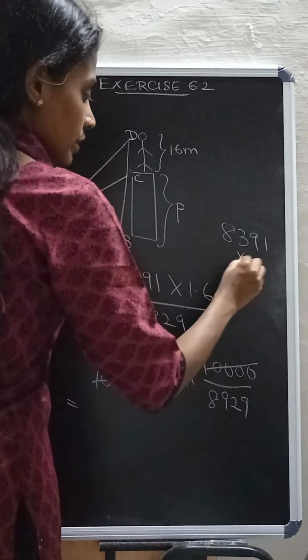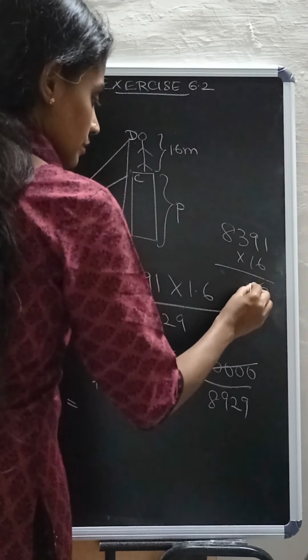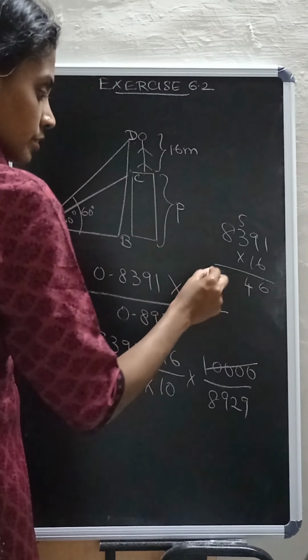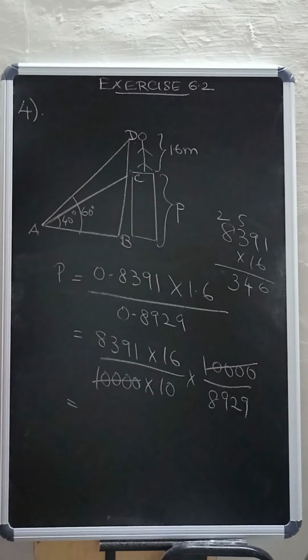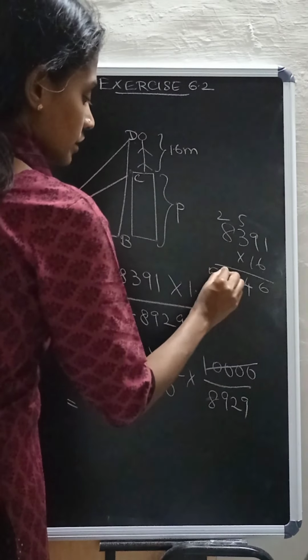Eight three nine one into 16. 6 ones are 6, 6 nines are 54, 6 threes are 18, 8 6 are 48, 49.